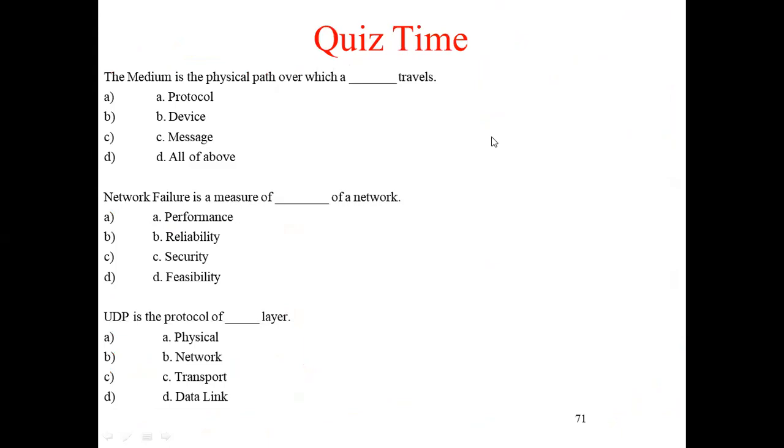Yes, Deepa, turn on your mic. Deepa, are you there? Yes, Aishwarya, hurry up, please. Aishwarya, turn on your mic. Yes, Anmol.